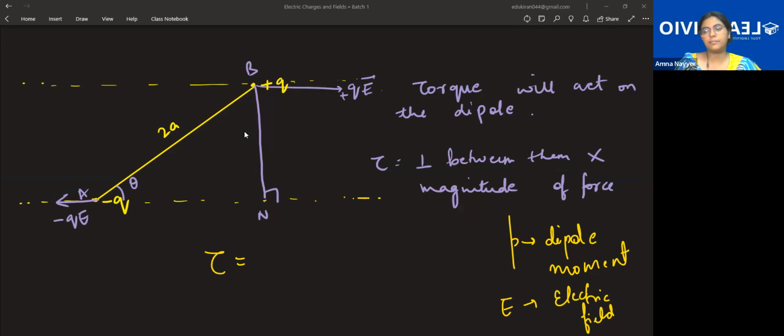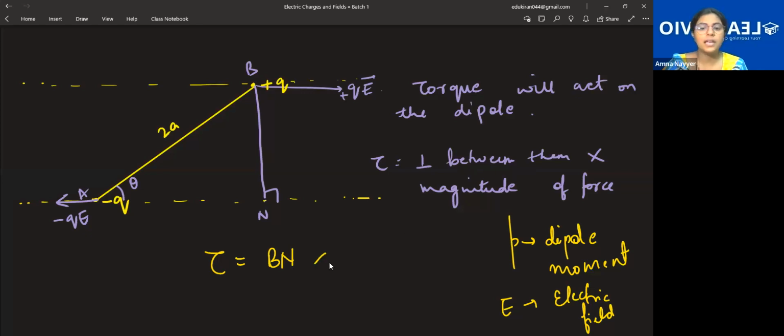See, AB is not perpendicular. This is making angle theta. What is making an angle of 90 degrees? BN, correct. So you have one part as BN, the perpendicular distance.